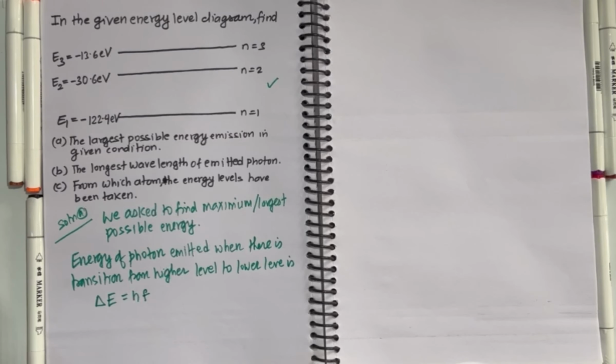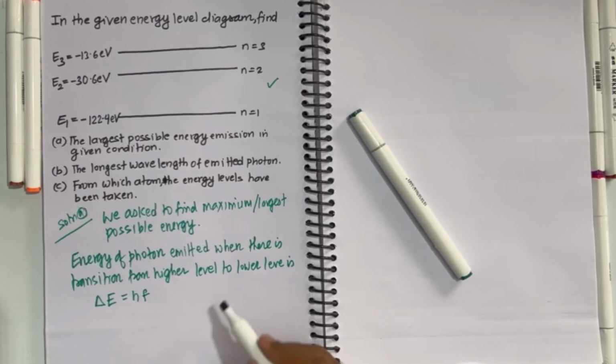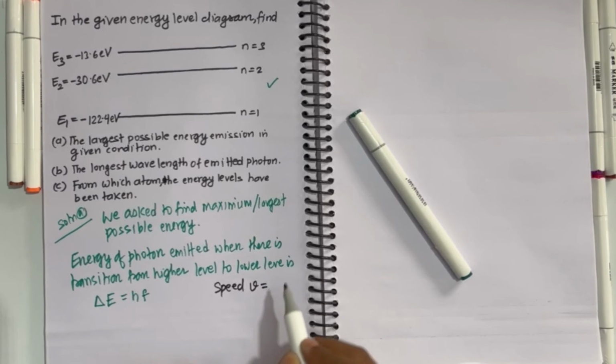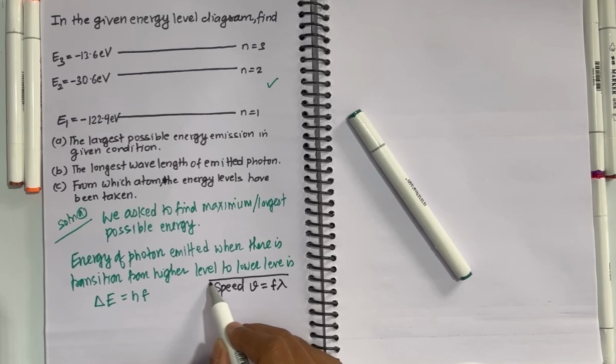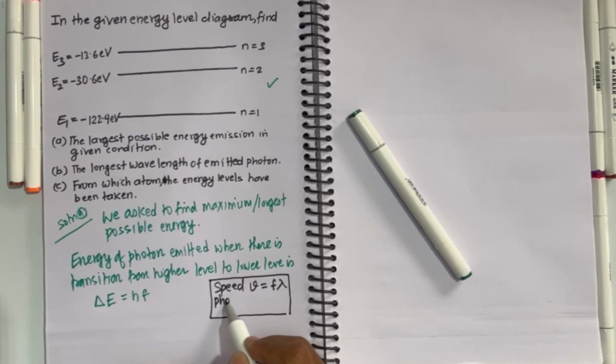So we have this relation, speed V equals F, that is frequency times wavelength. And for photon we have V equals C, therefore we can write C equals F times lambda.